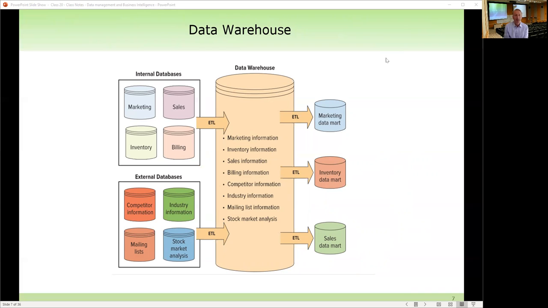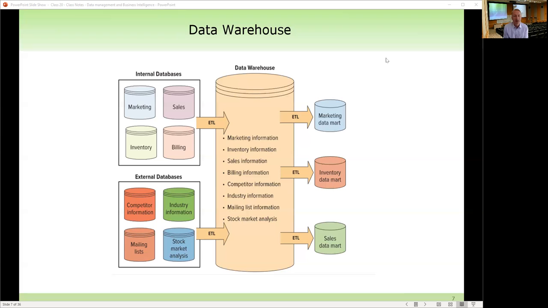You can also see that external databases can be linked to a data warehouse. External databases could be databases with competitor information, industry information, mailing lists, stock market analysis, and other types of external data that we would like to include in our data when we want to analyze it and make decisions.